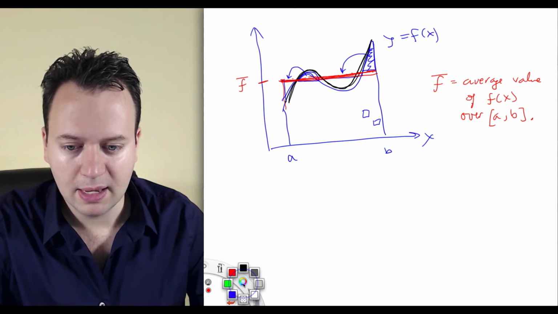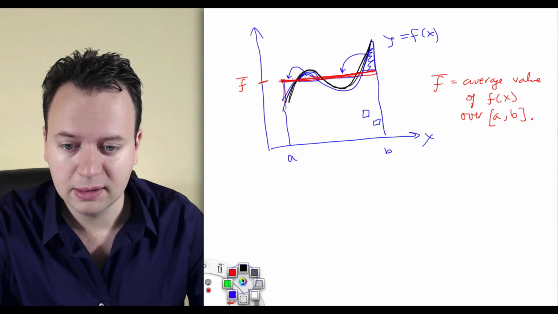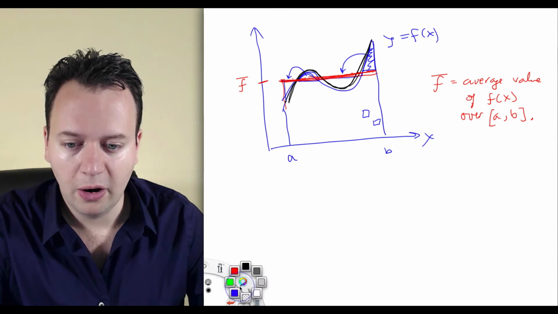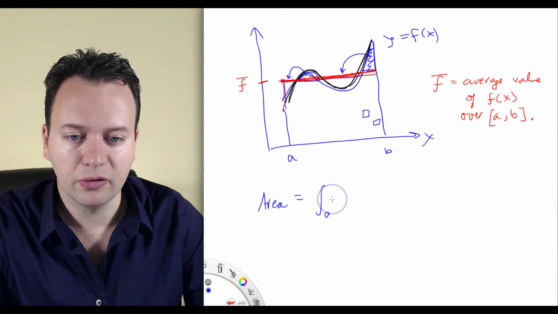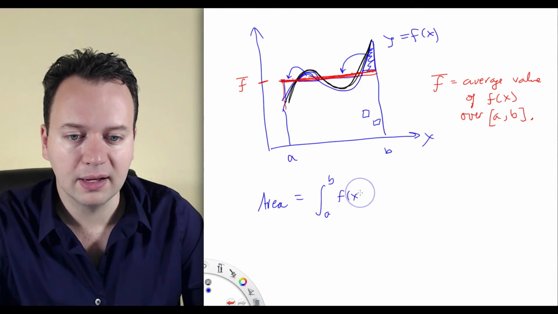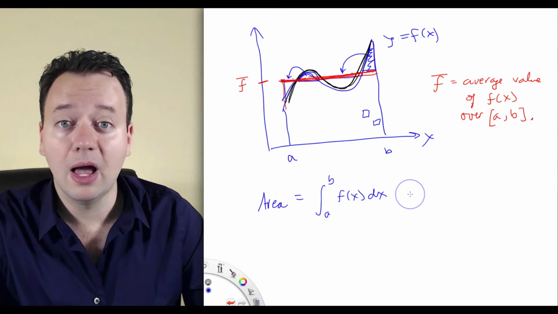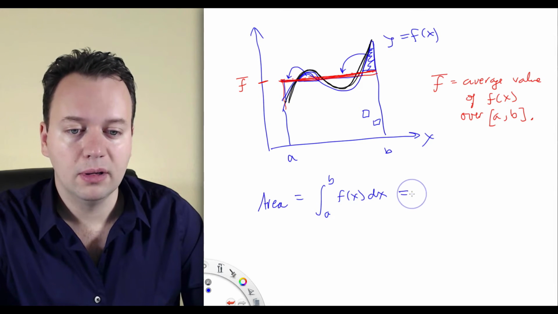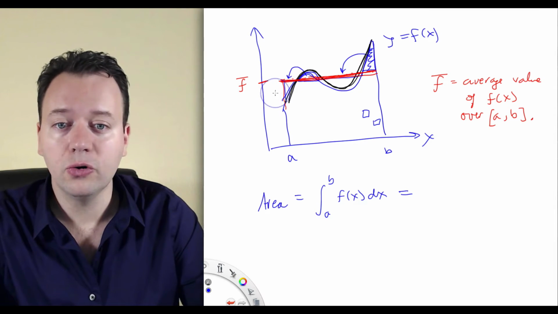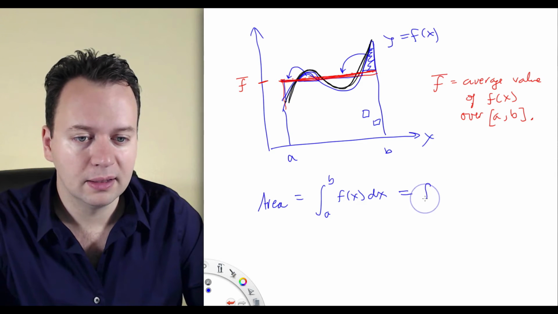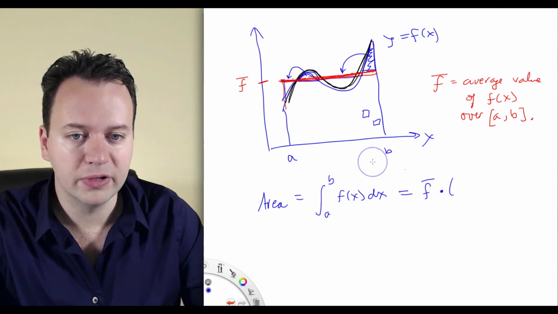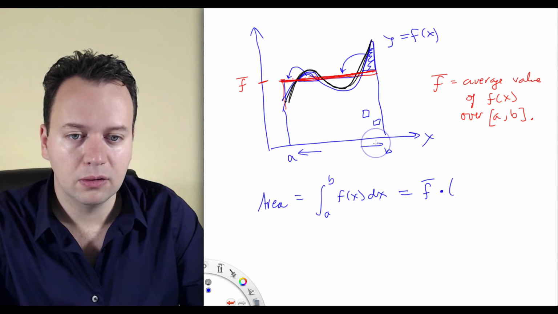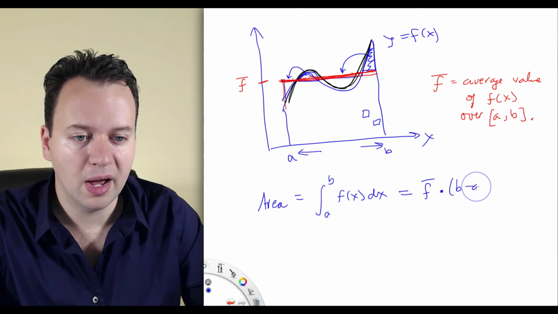So let's see, how would we figure out what the height is? Well, we know the area, so the area under the curve is just the integral from a to b of f of x dx. Now we want that to equal the area under our new graph, and our new graph is just a constant. It just has the constant value f bar, so it's f bar times the total change in x, so times b minus a.